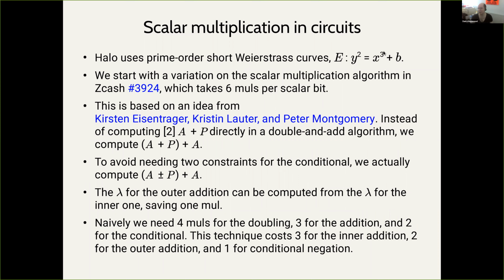The curves that we're using are of this form, y squared equals x cubed plus b. So this is one idea for optimizing the scalar multiplication algorithm. I don't know whether people are familiar with the double-and-add algorithm for scalar multiplication.